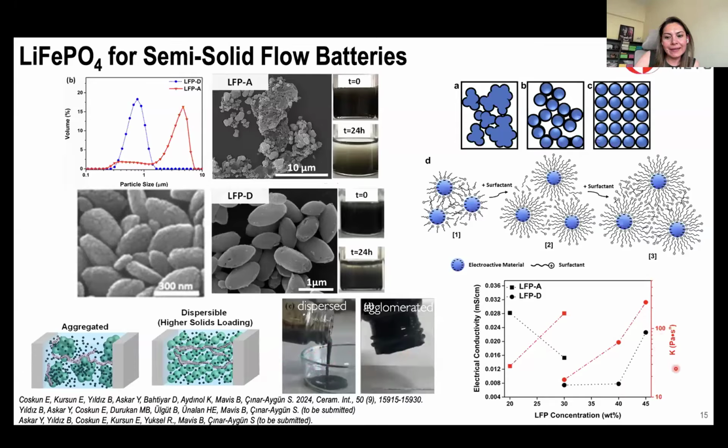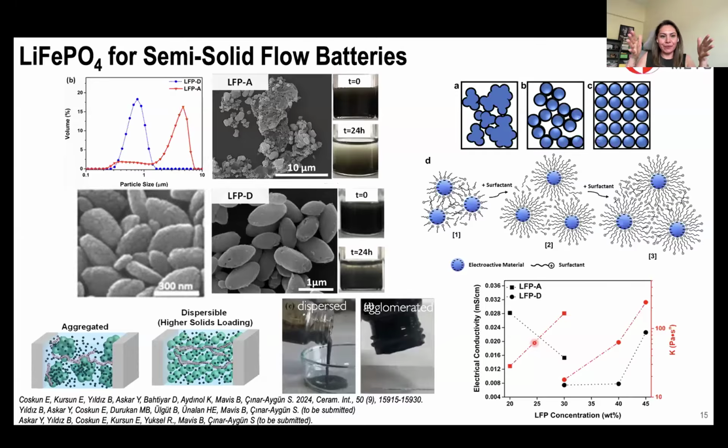Here, the K represents the viscosity. We already talked about those rheology models. So this is the power law, the K for the viscosity. So you realize that, let's say, the 48% loading of dispersed particles has relatively similar viscosity to the 25% of the agglomerated one.